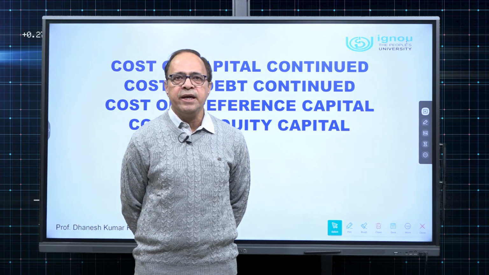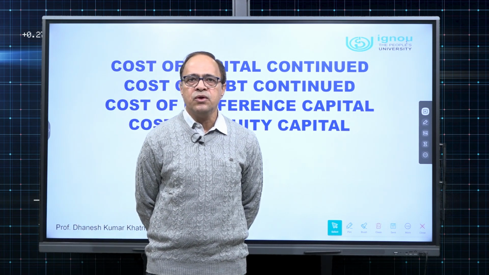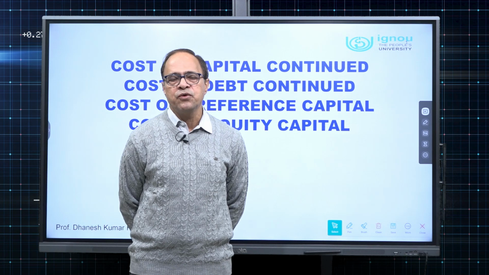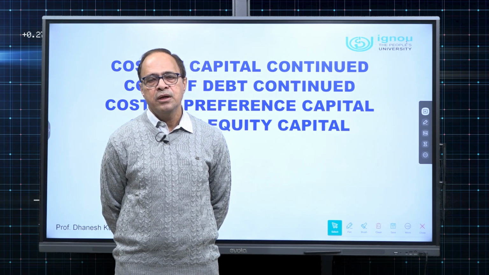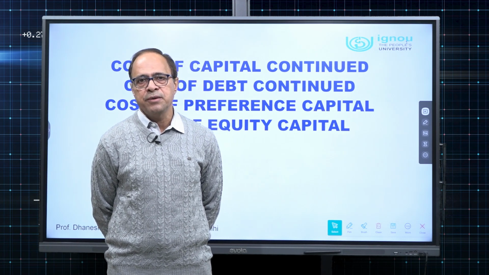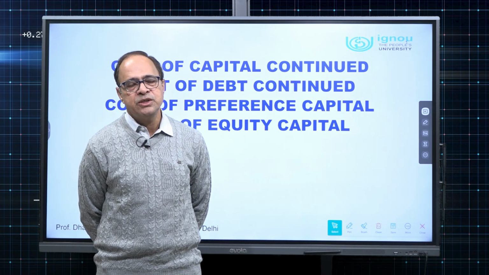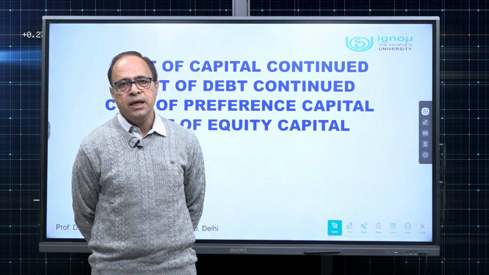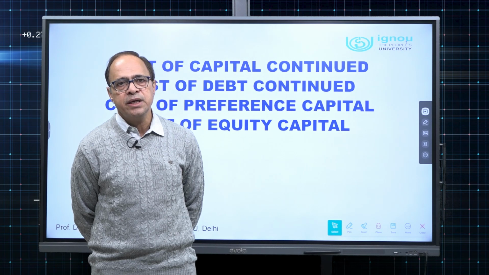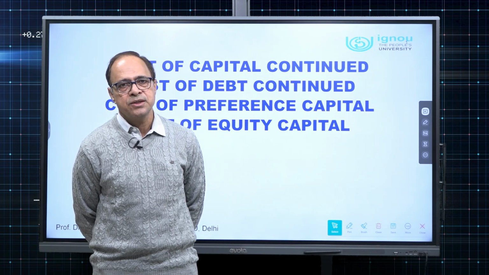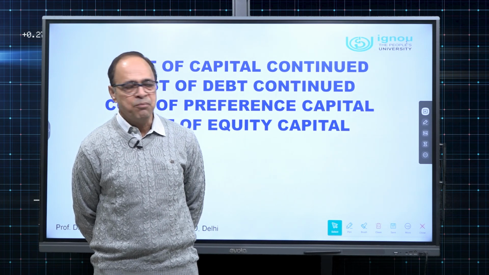A perpetual debt is the one in which year on year the company has a provision for interest payment till the lifetime of the company. That means these debentures have no maturity provision, and in that case, how do we calculate cost of debt? The formula is simple.